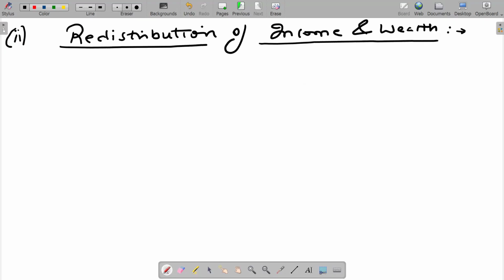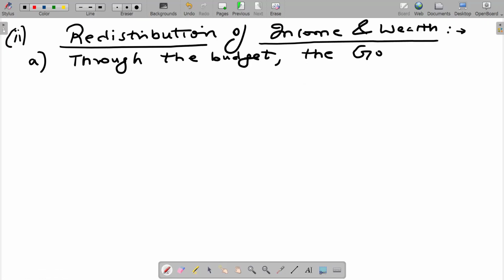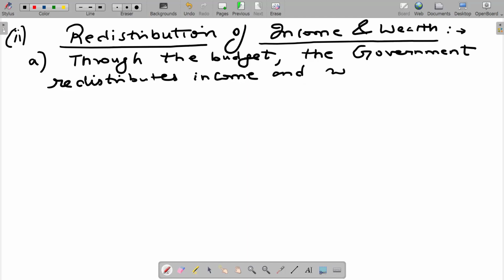So I can write within this point number A, through the budget, the government redistributes income and wealth to reduce the inequalities.